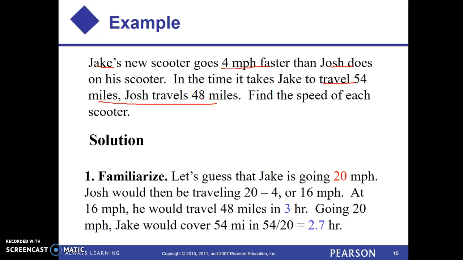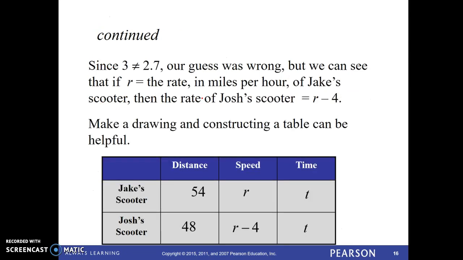Going 20 miles an hour, Josh would be going, obviously we're just going to use some numbers and see how it works out. However, we know that 3 is not equal to 2.7. We can do better. So our guess was wrong, but we can see that if R is the rate in miles per hour of Jake's scooter, then the rate of Josh's scooter would be R minus 4.